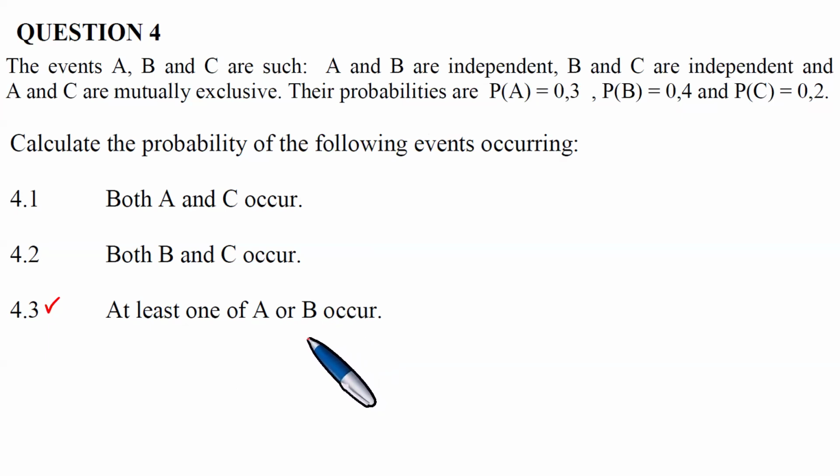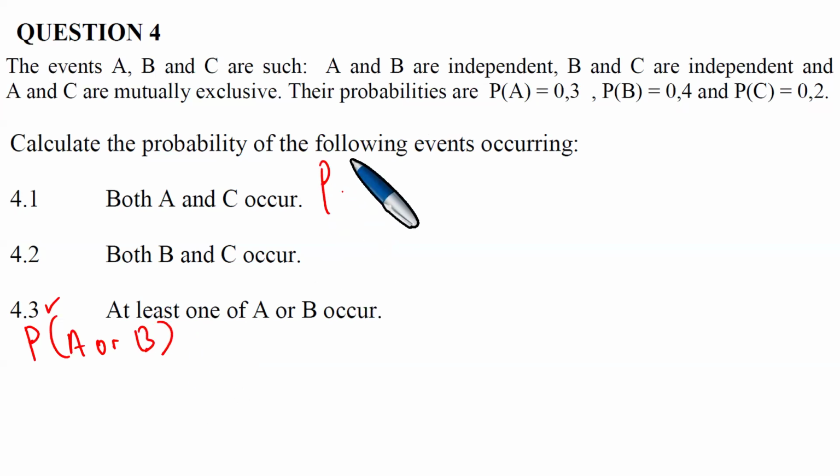Right, so we are sure that at this point in 4.3, we shall have the probability of A or B. You can write here, the probability of A or B is equal to what?